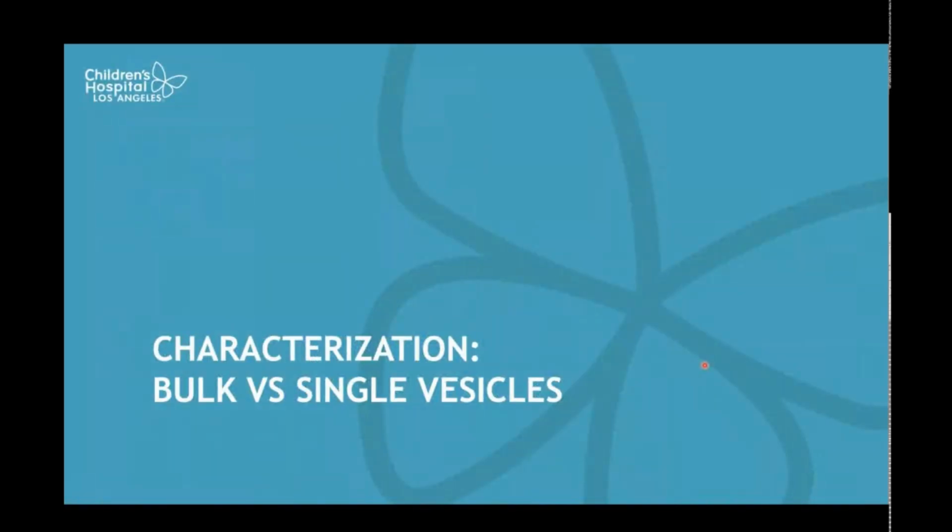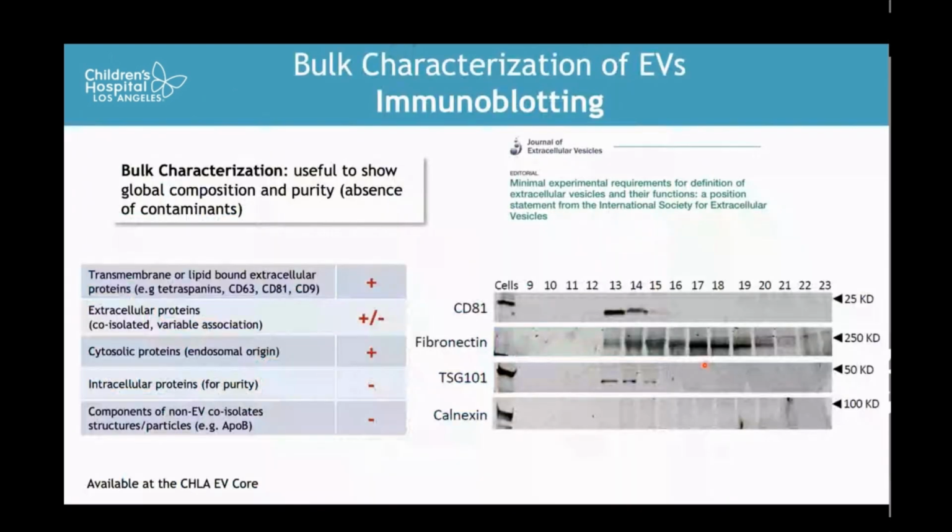We then move on to the characterization of EVs. There are different types of characterization, bulk versus single vesicle characterization. Bulk characterization that we do is a pretty standard immunoblotting procedure, following ISEV guidelines, in which this method is useful to show global composition and purity, so to show absence of contaminants. There are different categories, such as surface markers like CD81, which is one of the tetraspanins, and extracellular proteins like fibronectin, which has been shown to be specifically associated with EVs, but also found in later fractions.